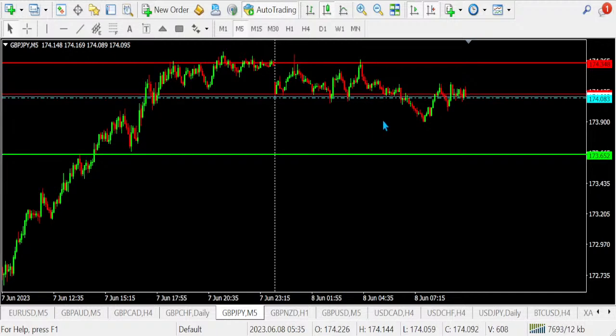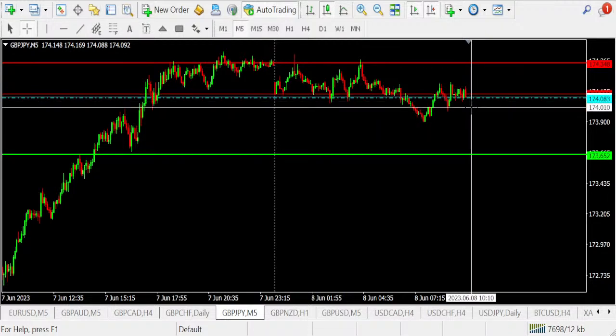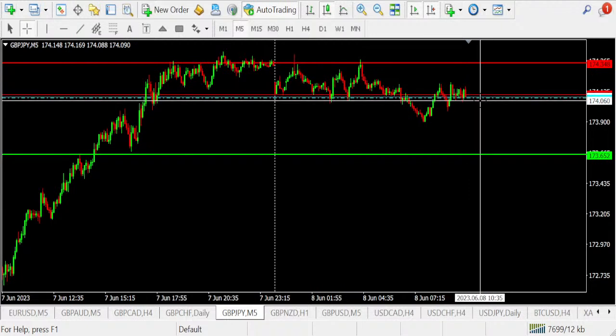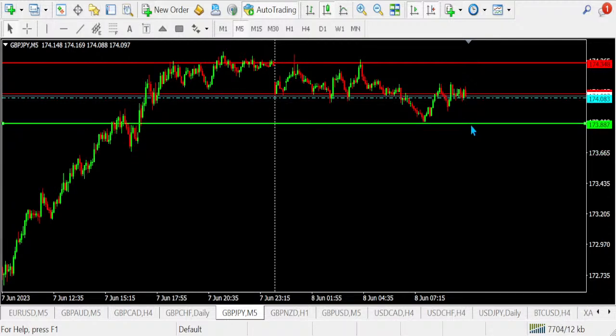In fact, it's quite good over here for the pound yen. Pound yen wise, I will see that there may be a good chance over here. Once it breaks this area, we should have about 17 pips, being the first stop here.